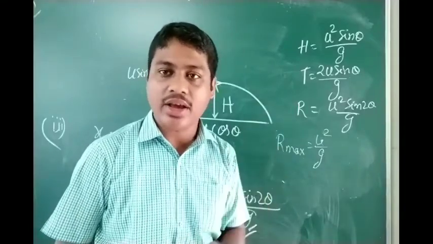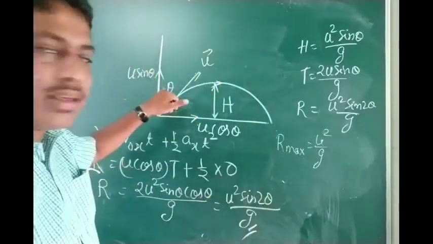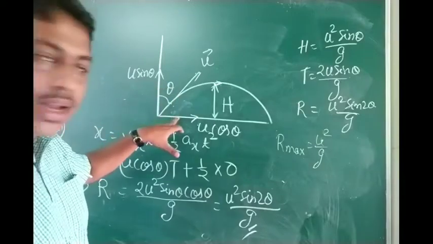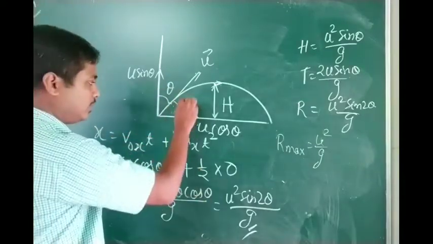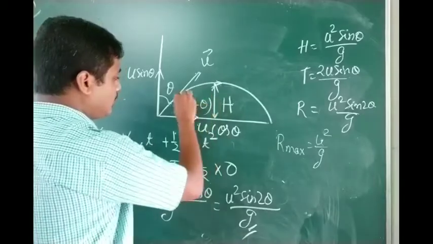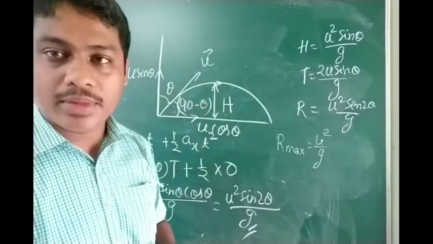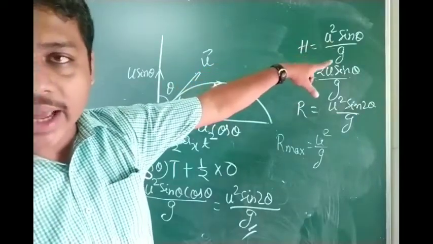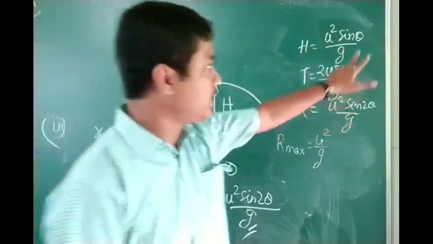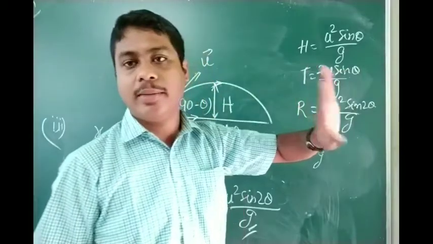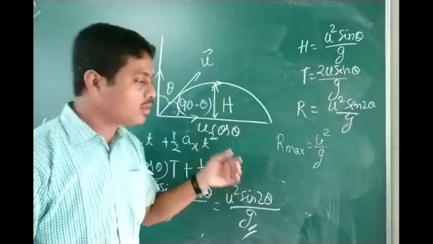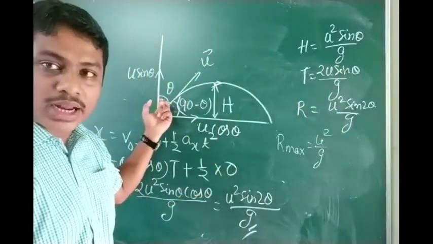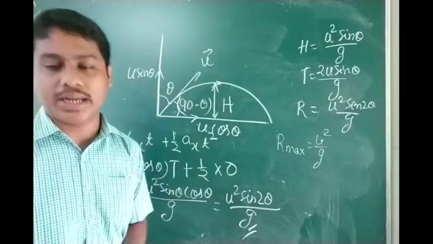Only the change that you have to do: if this angle is theta, this whole angle is 90. So obviously what will be this angle? This will be 90 minus theta. So in place of the angle theta, you place 90 minus theta here, here and here. You will be getting the formulas for the projectile thrown at an angle theta with the vertical.